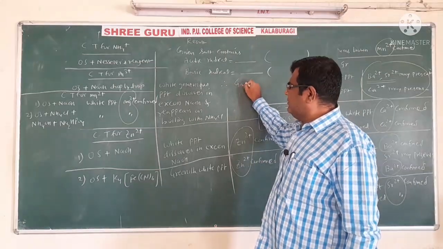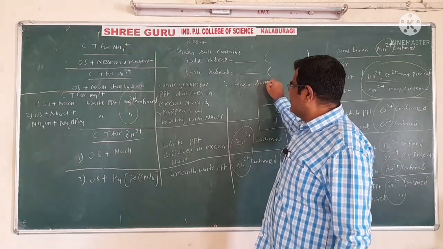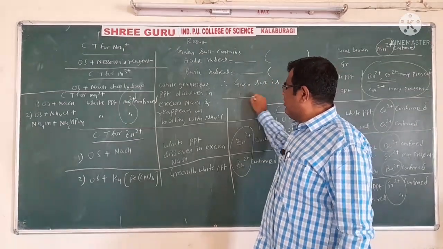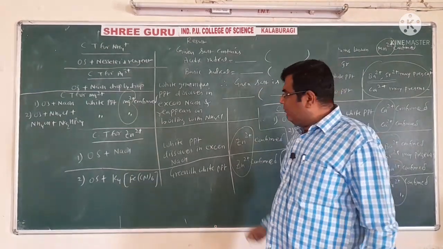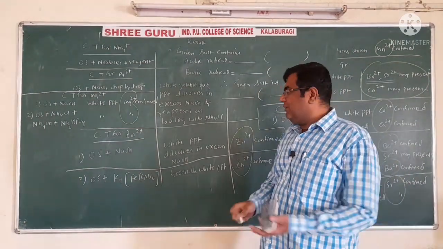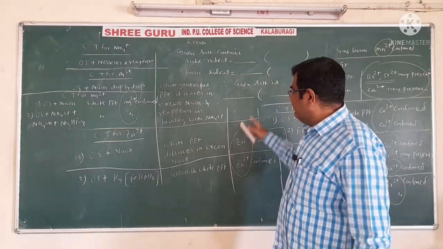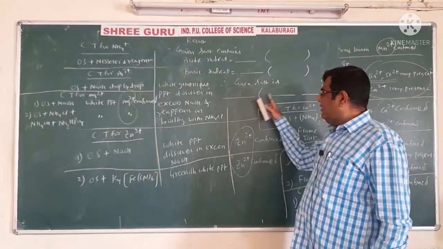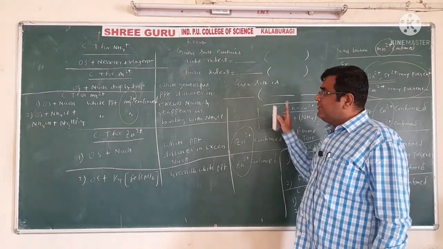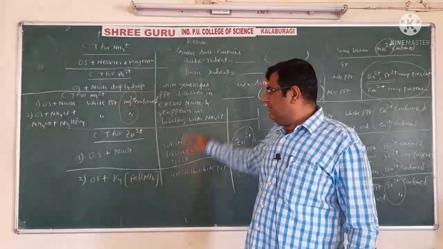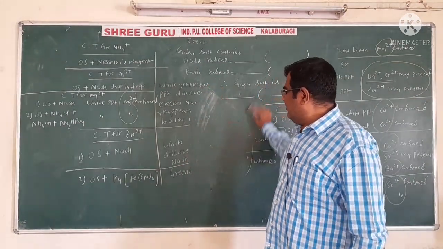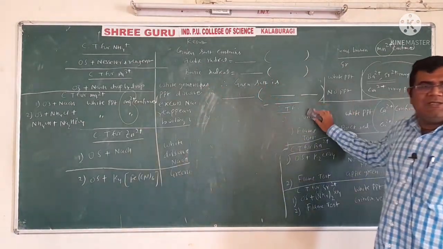Then for the salt, write its formula and its name. We'll see how to write the formula and the name. But first the formula and then its name. So the examiner will see this and then you may think that you have done your salt analysis correctly.